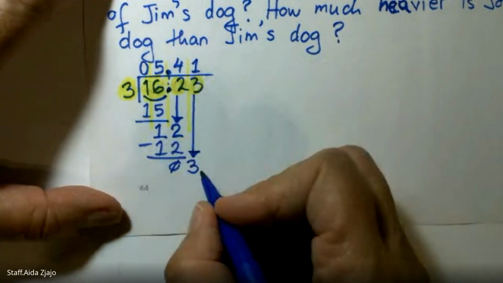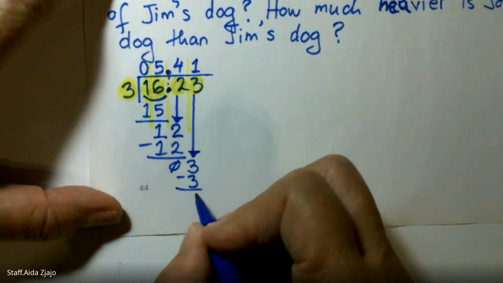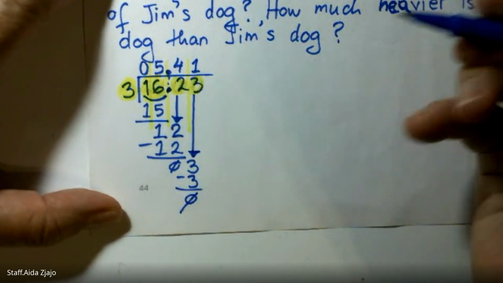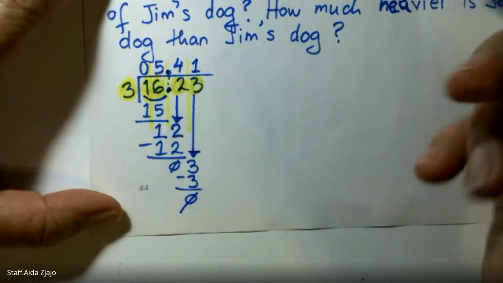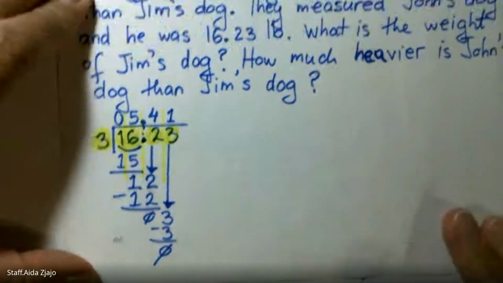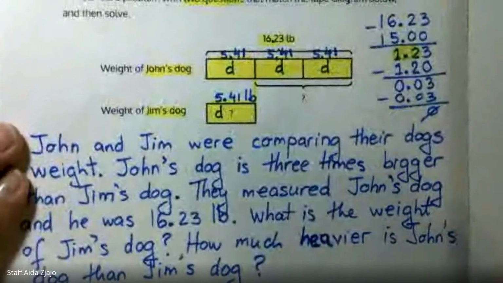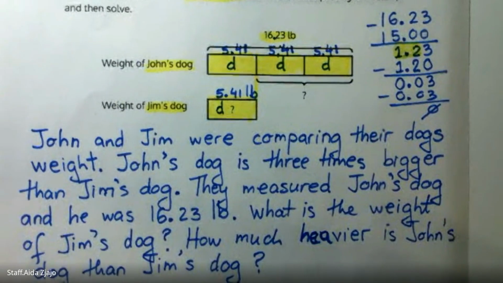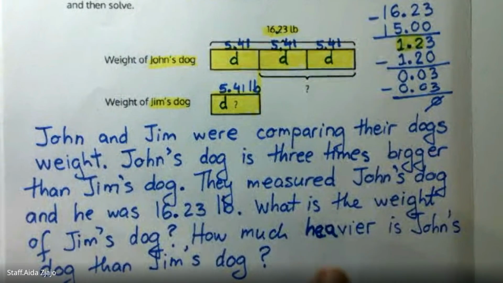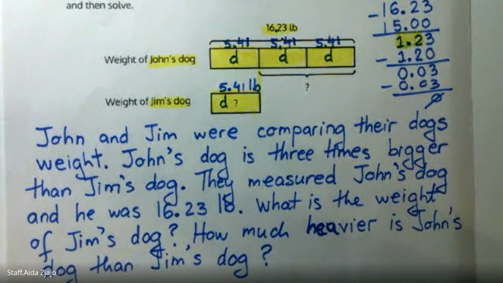And then 1 times 3 is 3. When I subtract, there is no leftover. So there is 5.41, correct, exactly as we did here with equal sharing. So we found the first answer: what is the weight of Jim's dog?